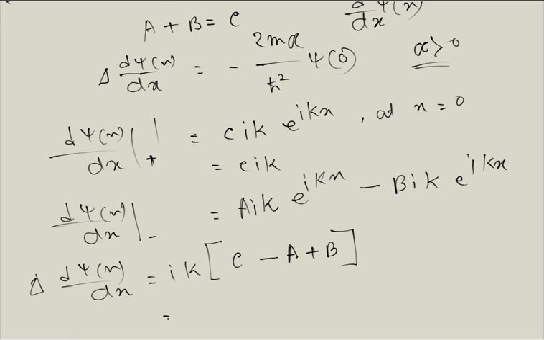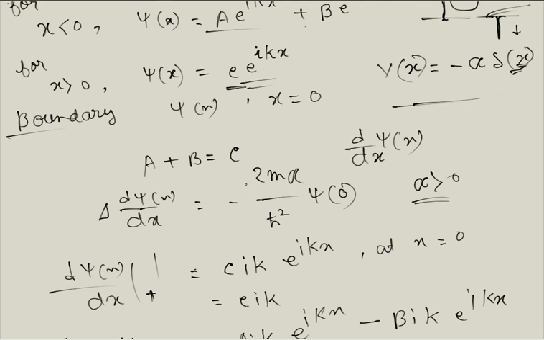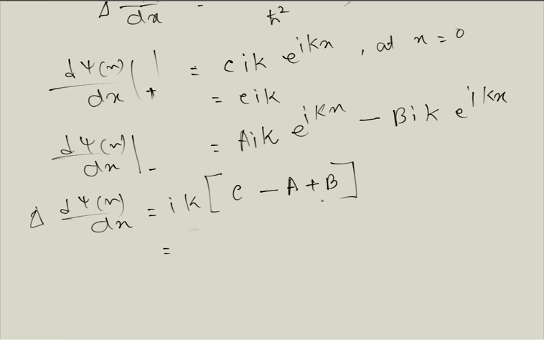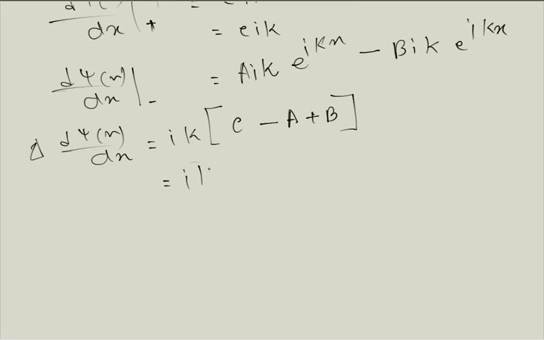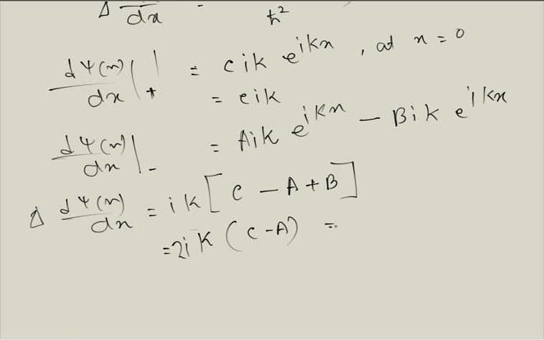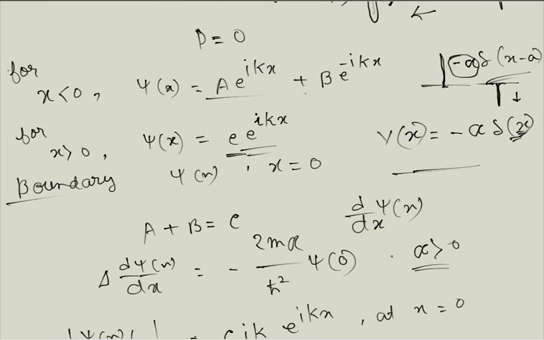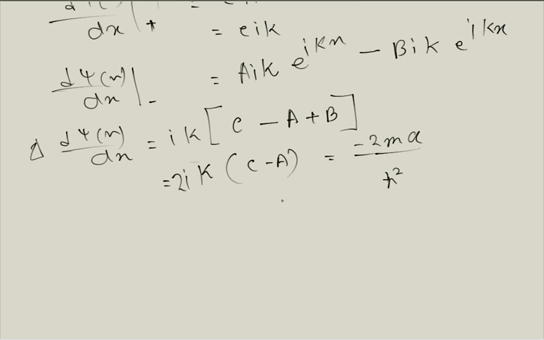Now putting a plus b equals c, let's write b equals c minus a. It will be twice, the term will be i k times c minus a. So this term is equal to minus 2m alpha over h bar square times the value of the eigenfunction at x equals 0, which will be c if we put x equals 0, or a plus b, but a plus b equals c, so you can write c here.